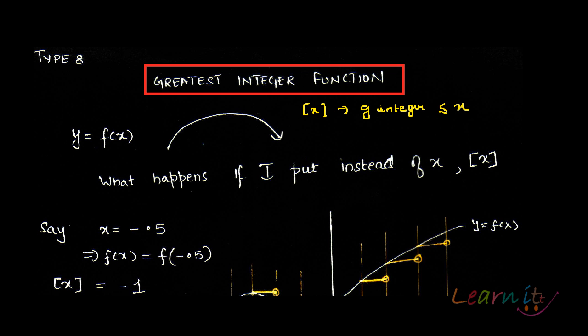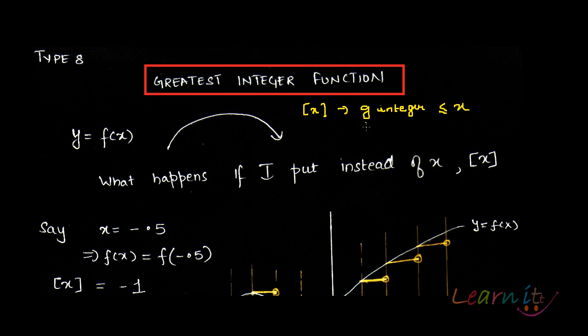Now my question to you is, let us look at any general function, y equals f(x) in its generic form. What happens in case I put the greatest integer function of x instead of x?